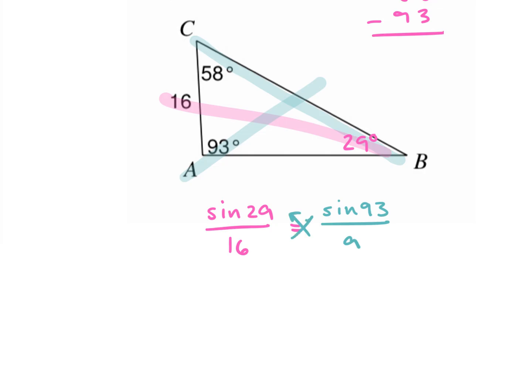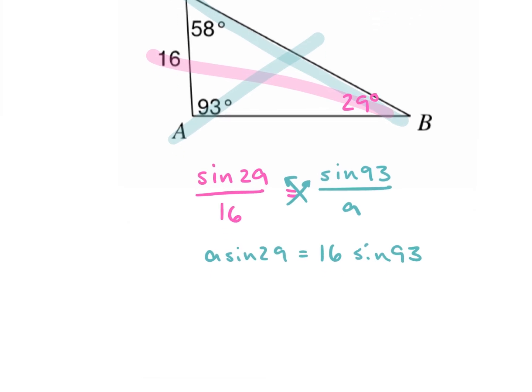Cross multiply, perfect. So we have A times sine of 29 is equal to 16 times sine of 93. Now remember, you always want to just take the sine of the angle, and the side of the triangle is going to be whatever's in your denominator. How would I get A all by itself? Divide by sine of 29.